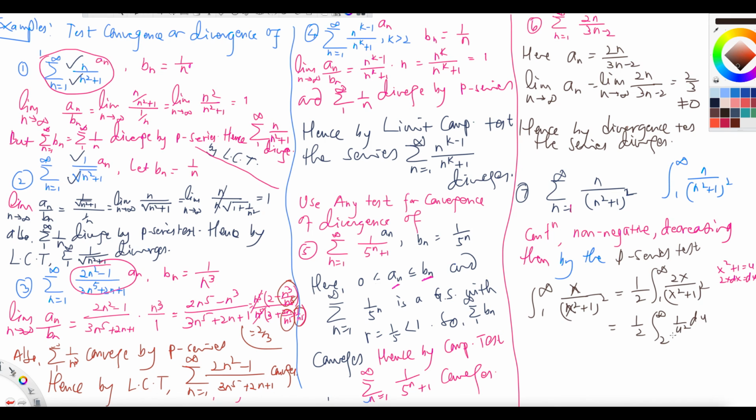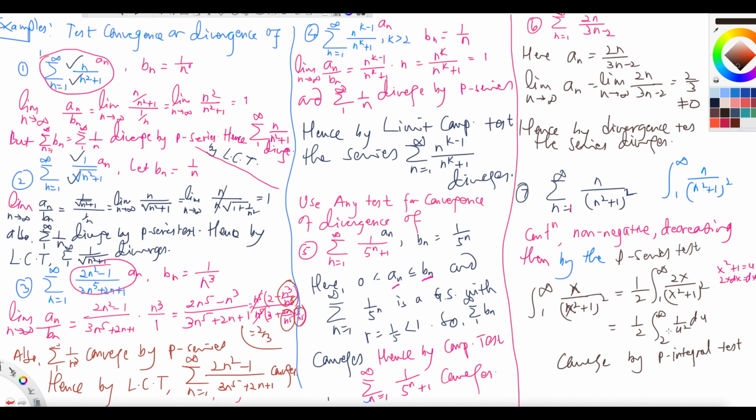You see that? This integral converges by the P integral test, right? Because u to the P, so P is greater than 1. So it converges by the P integral test. This converges because u to the 2 is an improper integral with the exponent greater than 1.